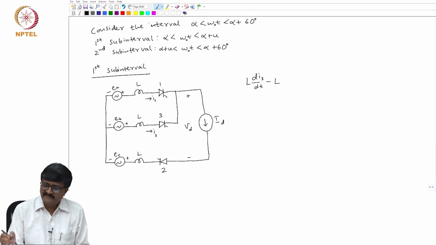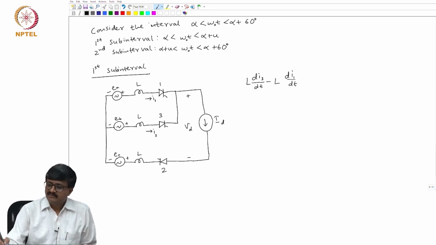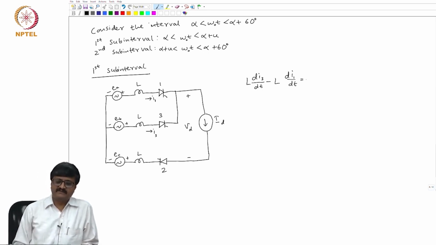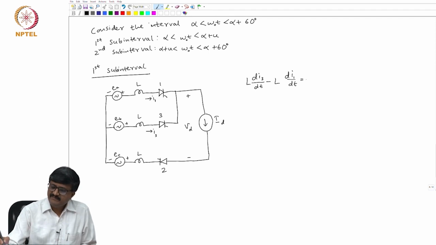I will say L dI3/dt minus L dI1/dt. By Kirchhoff's voltage law, this is equal to EB minus EA. Is that okay?